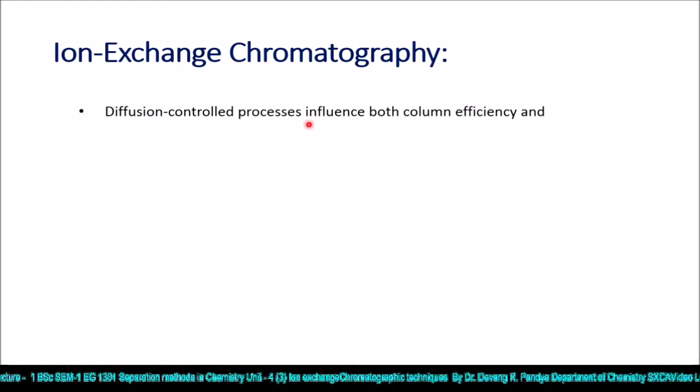Diffusion controlled processes influence both column efficiency and sample retention.